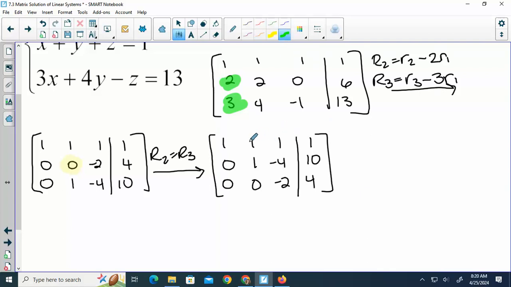Now we need everything else in that column to be a 0, which row 3 already is, so we really only have to get that one to be a 0.